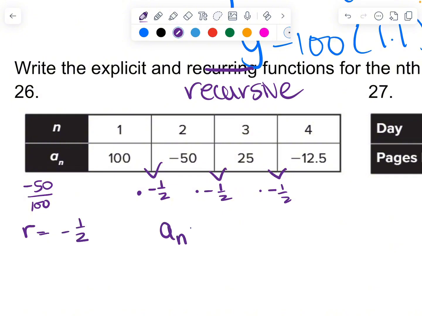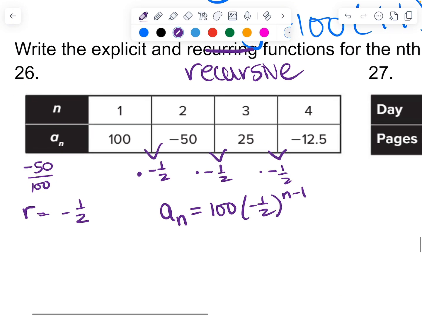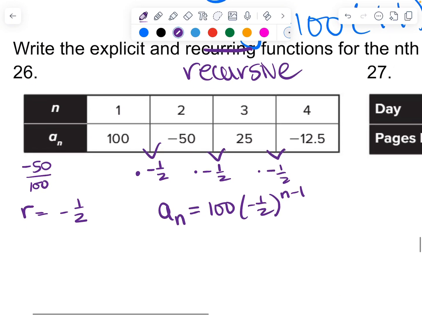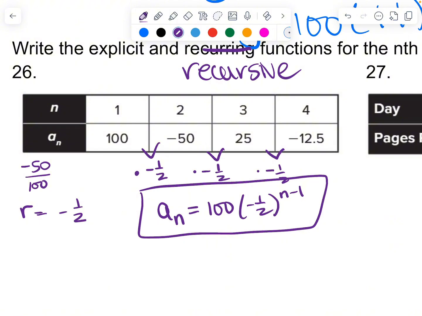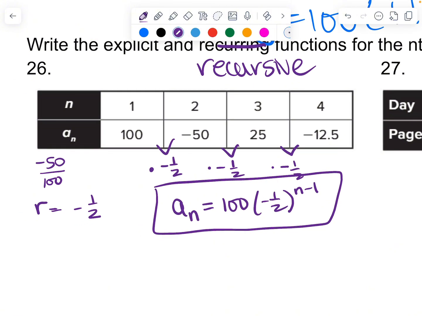So a sub n equals a sub 1, which is 100, times negative 1/2 raised to the n minus 1. Remember, when it's talking about a sequence, you're starting with the first term, not the 0 term, so you have to have the n minus 1. So this is our explicit formula. So now we're going to write the recursive formula.